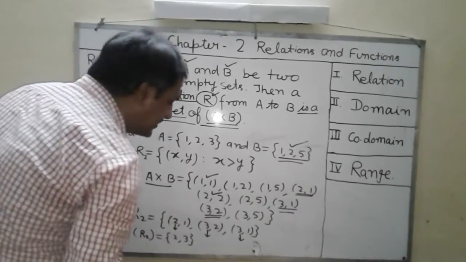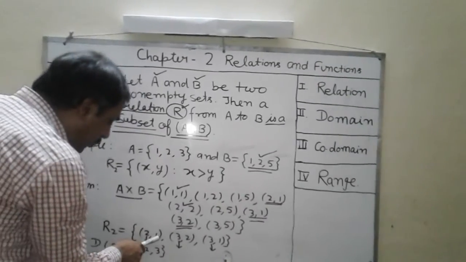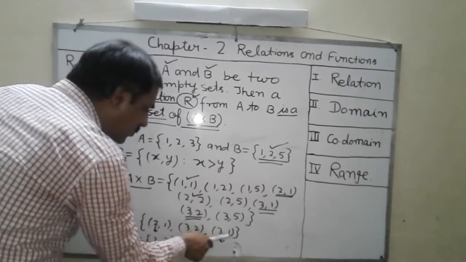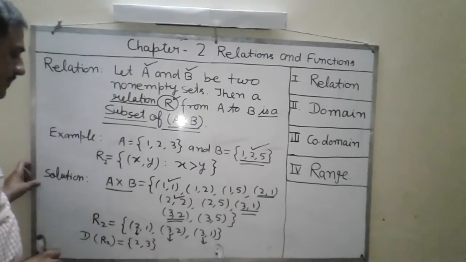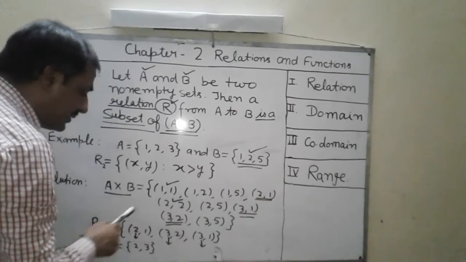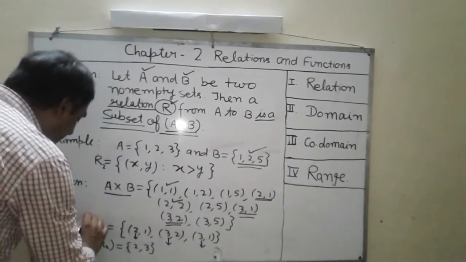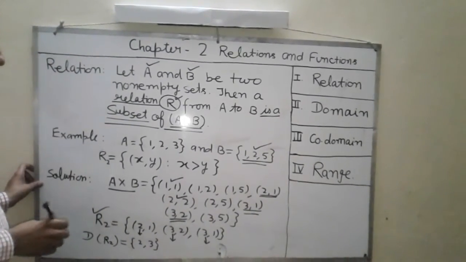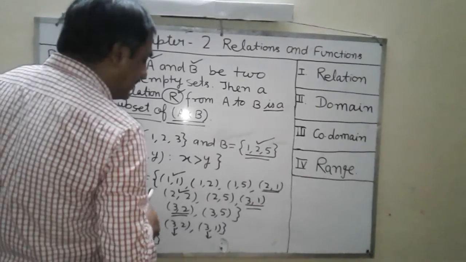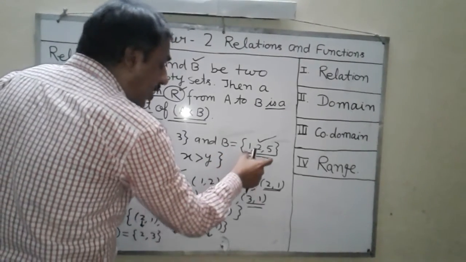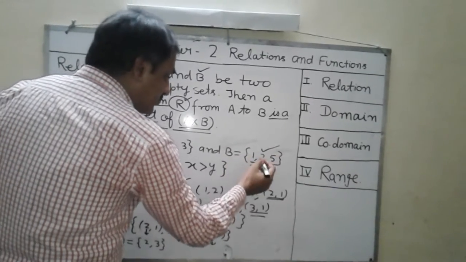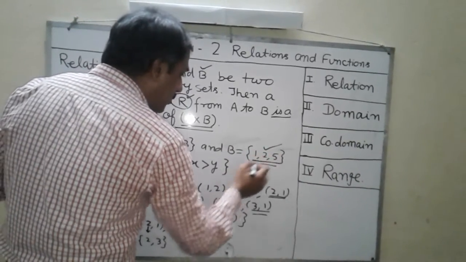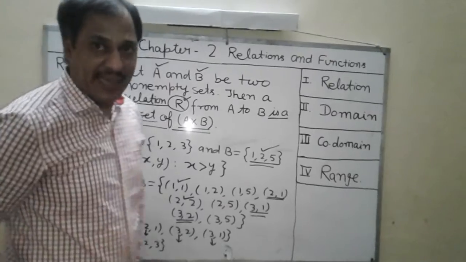And what is the range? The range is 1, 2, 1. The second element of each and every ordered pair is called the range of the relation. And what is the codomain? Codomain is the set of all the elements of the second set. The second set is B, so the codomain is {1, 2, 5}. Thank you children.